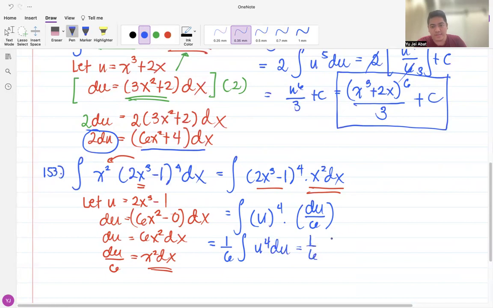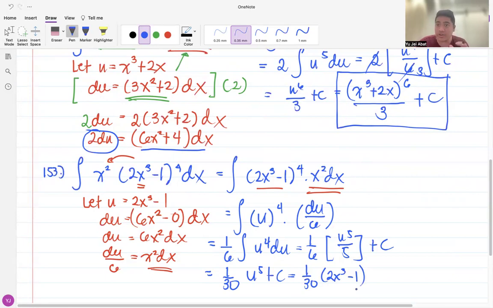So 1/6, then you have u raised to 5 over 5 plus c. So this becomes 1/30 times u raised to 5 plus c. And what is u? It is 2x cubed minus 1.